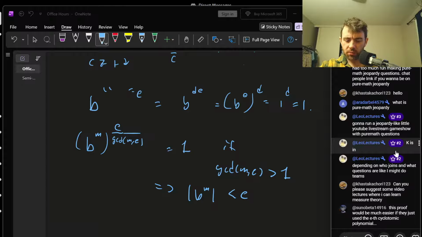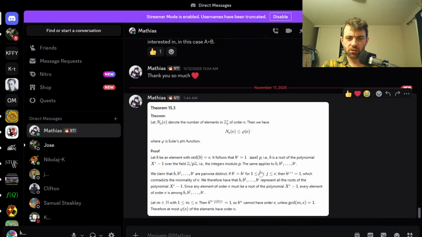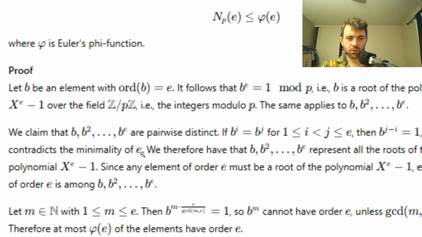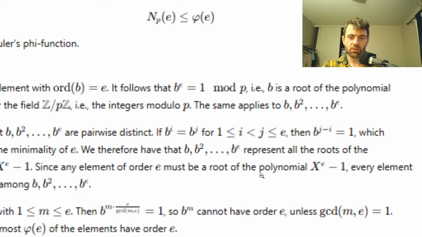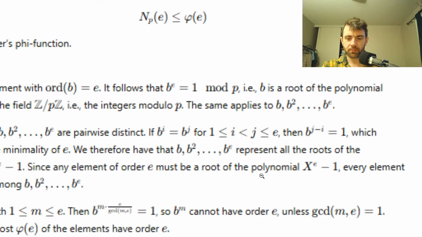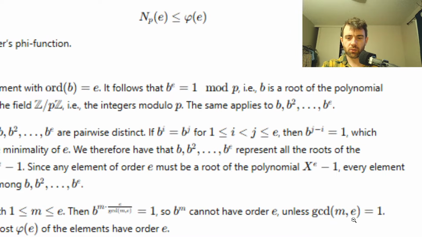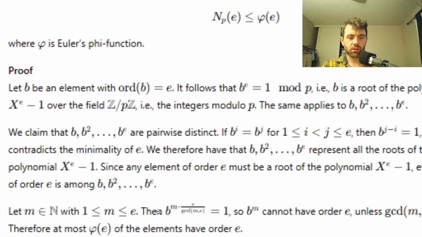This proof would be much easier if they just used the Eth cyclotomic polynomial. Isn't that what they do earlier on in this proof? Yeah, that's exactly what they're doing. They're using that B_1 up to B_n represent all the roots of the Eth cyclotomic polynomial. Right, so B^M cannot have order E unless this is true.